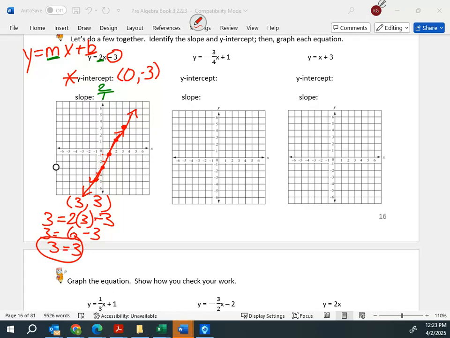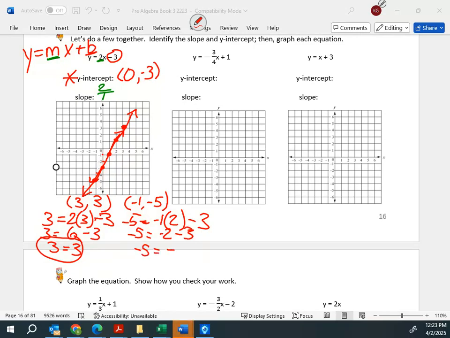3 really does equal 3. Any point on the line, if I put it into that slope-intercept form, it will work out so the numbers equal each other. I could do that with this point. I could say, okay, that point is -1, -5. So, my y is -5. Does that equal -1 times 2 minus 3? -1 times 2 is -2 minus 3.